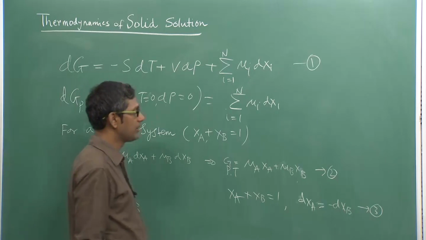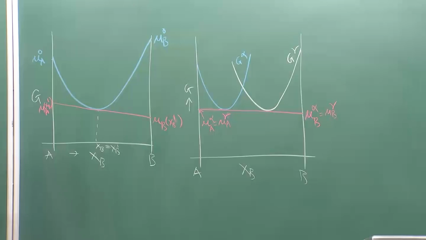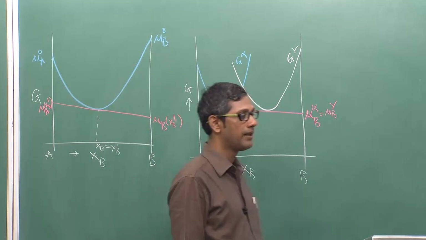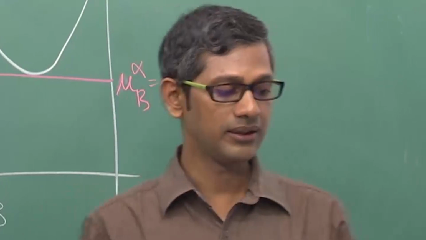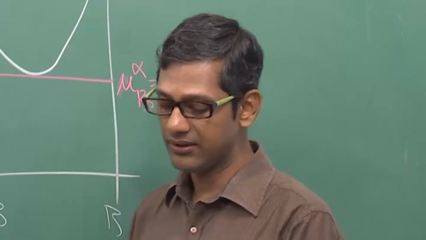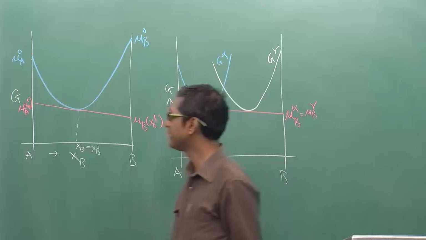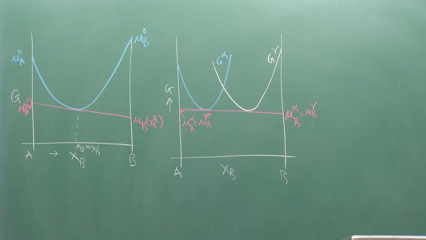Now, upon knowing all these aspects, you must have a fair amount of idea that the chemical potentials of the phases can be written like this. This is the graphical representation.